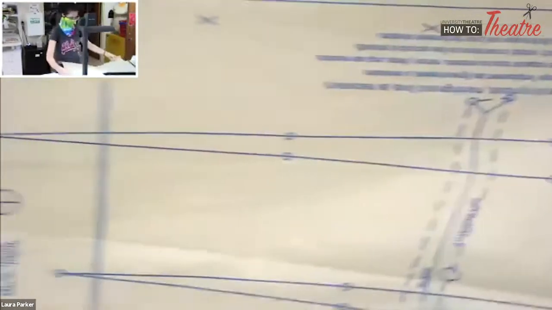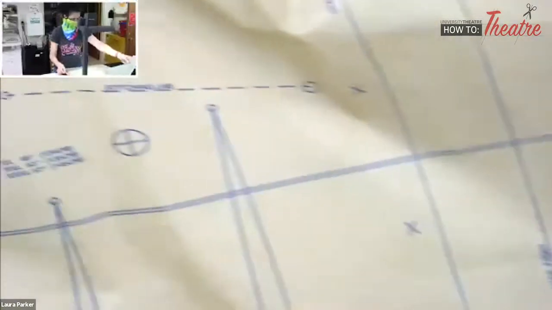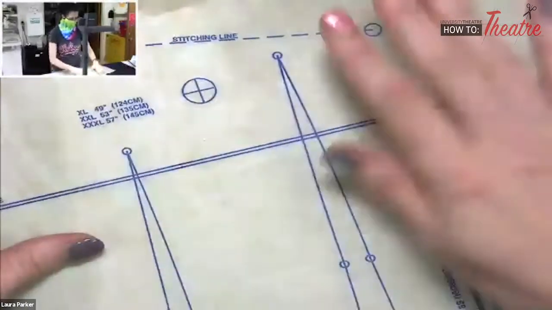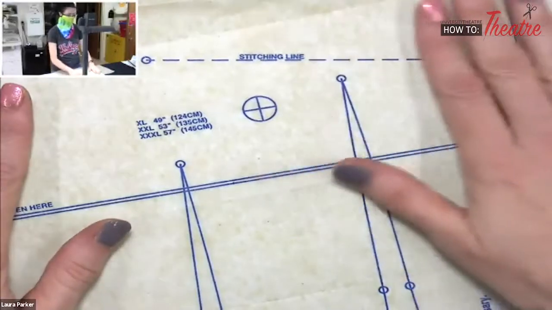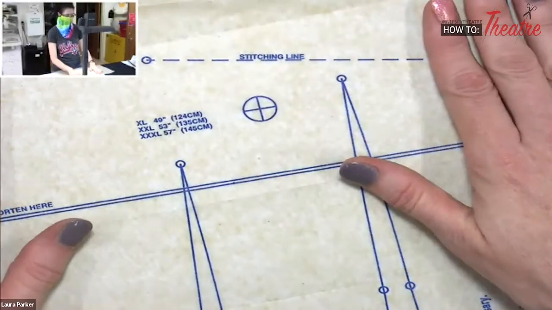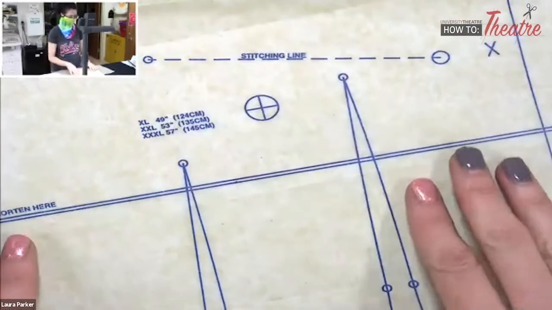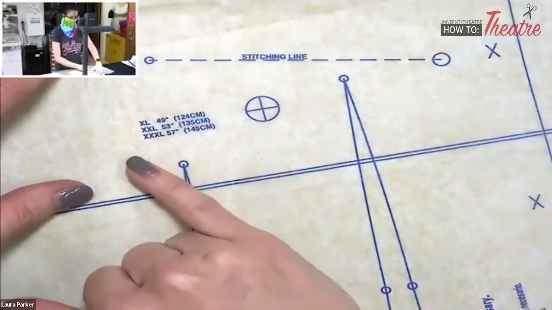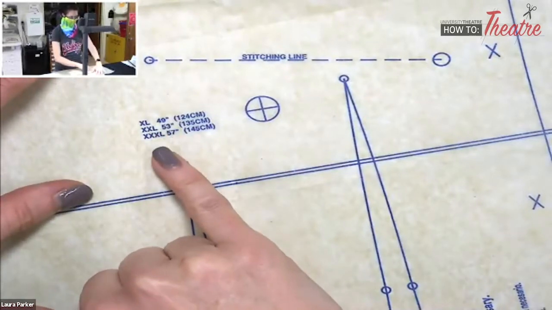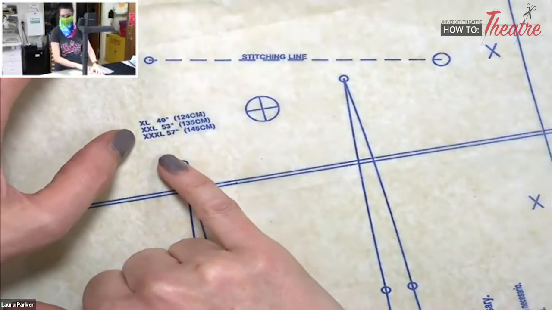On most modern patterns, if you look on whatever the main pattern piece is, a hip measurement is usually on either the skirt or the trousers. A chest measurement is going to be on the bodice or the vest. These numbers here are going to be the actual measurements of the garment.